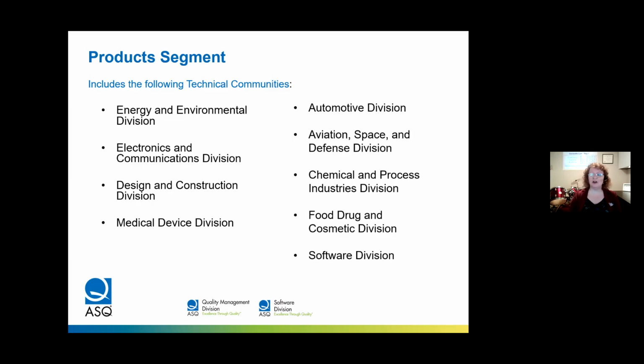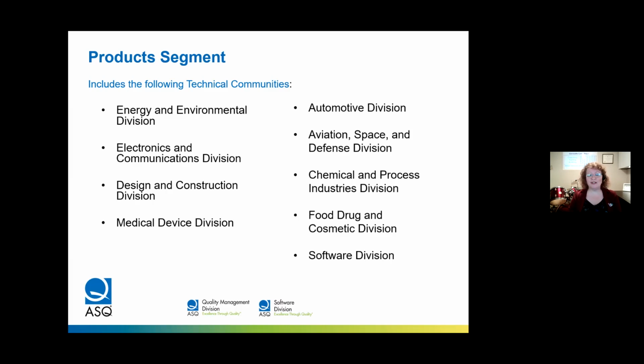These members are from engineering, quality, and regulatory affairs. They're affiliated with the design, the manufacture, and the support of medical devices. So people that are involved with FDA regulations, international standards, those types of things. If you're doing any work with medical devices, this might be your area.